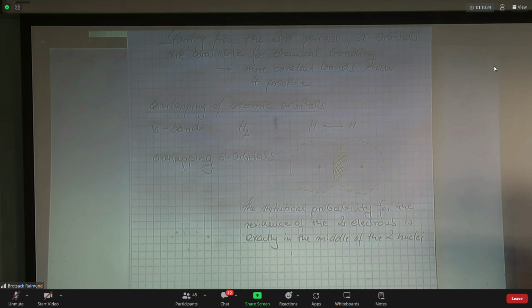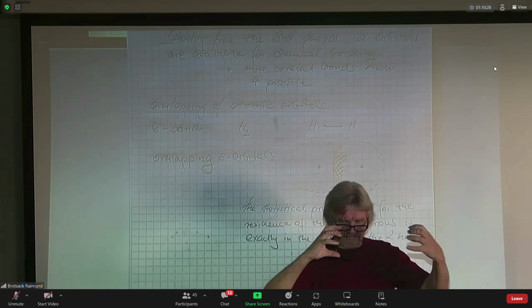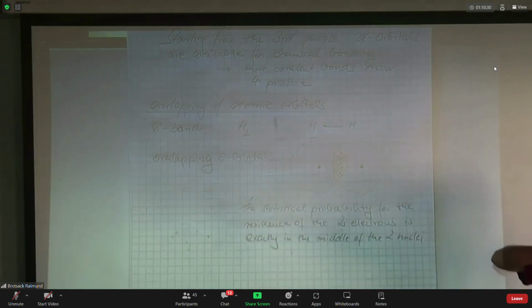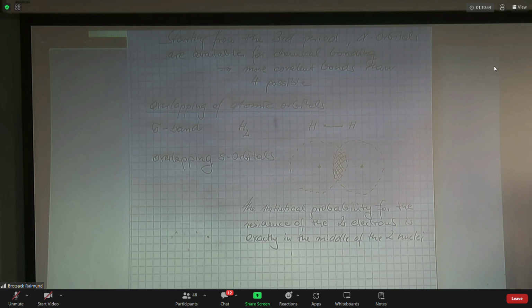If you try to rotate, you have two balls, these are the s orbitals. And when they are overlapping, you can rotate, nothing happens. The overlapping area will be stable. So sigma bonds are, from the point of rotation, rotationally symmetrical.